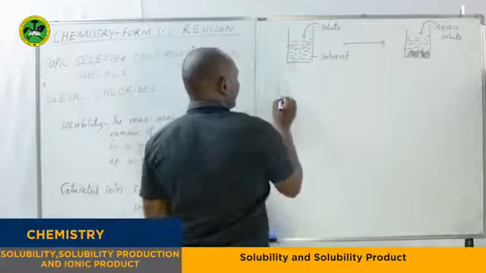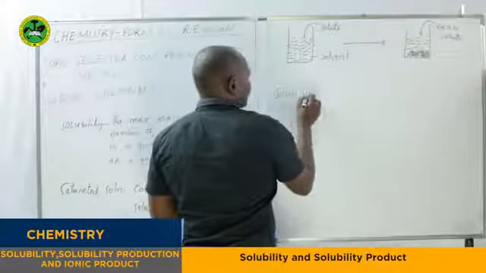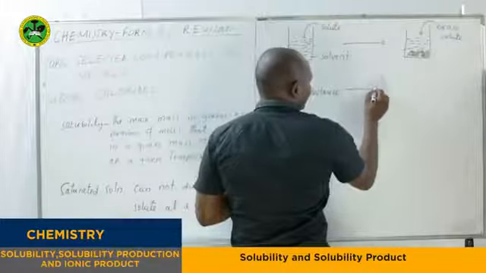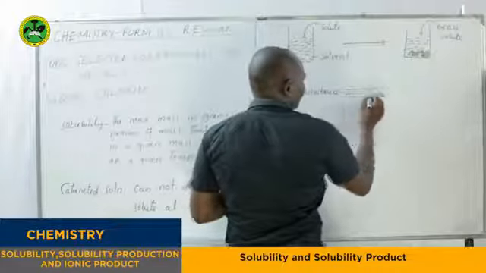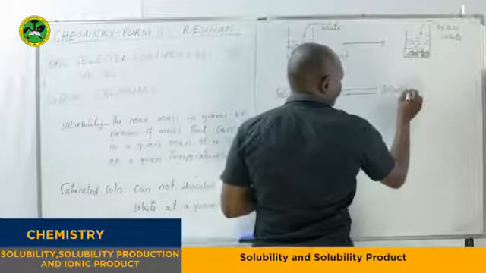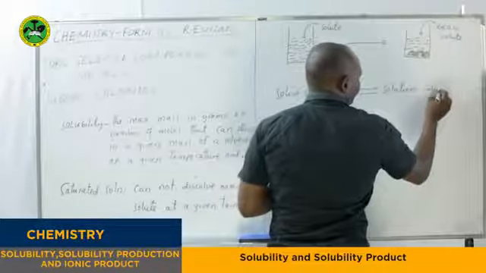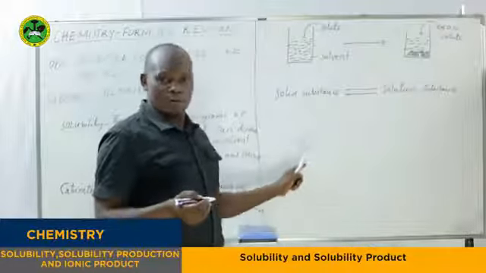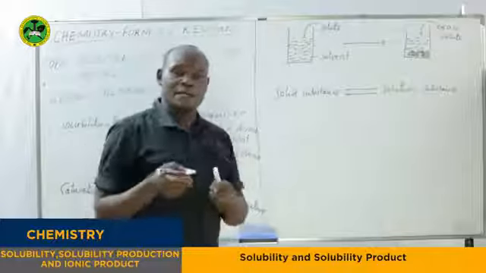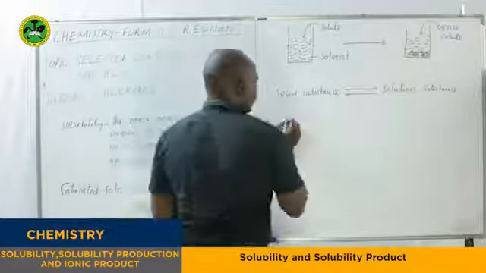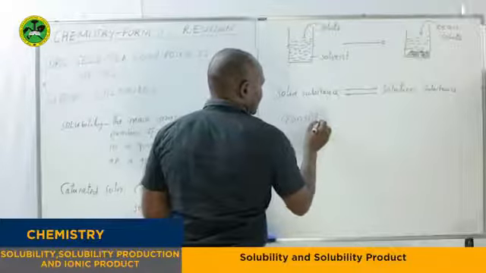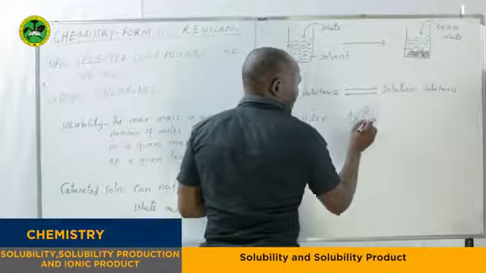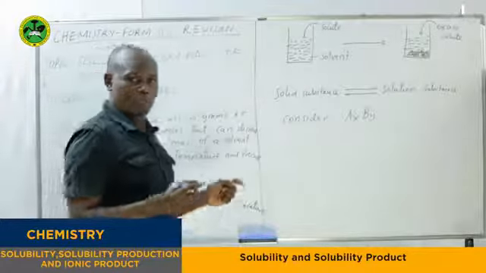So here, if we have the solid substance, we establish an equilibrium, which is a dynamic equilibrium, with the solution substance. Now let us consider our sparingly soluble substance, let's say AxBy, which undergoes dissolution into a solvent.